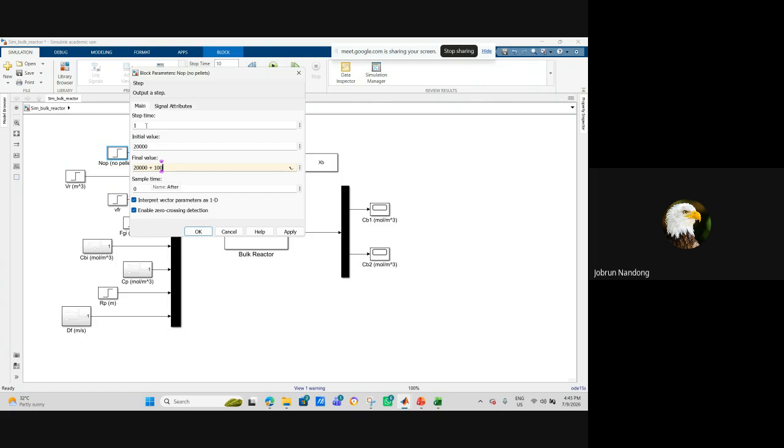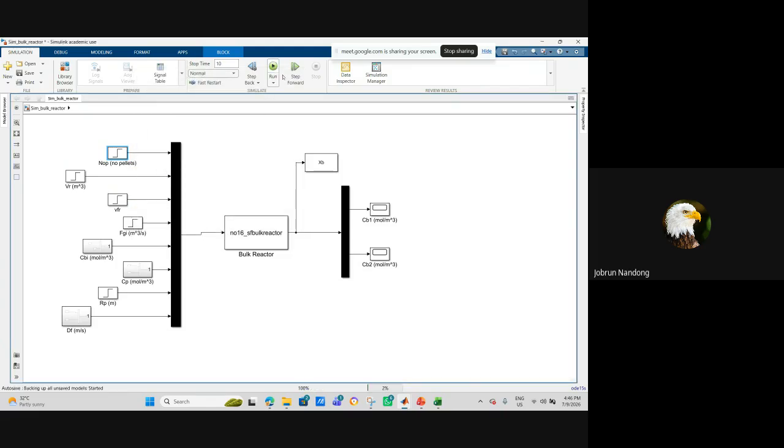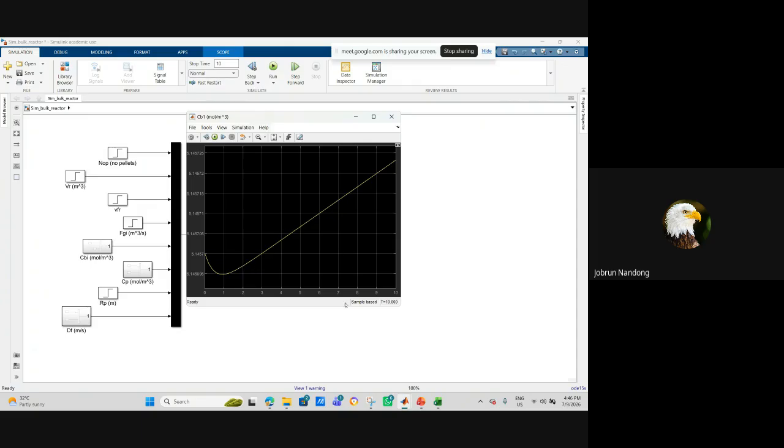Start at time equal to 1 second, right? Increase it by 1,000. That's too slow.